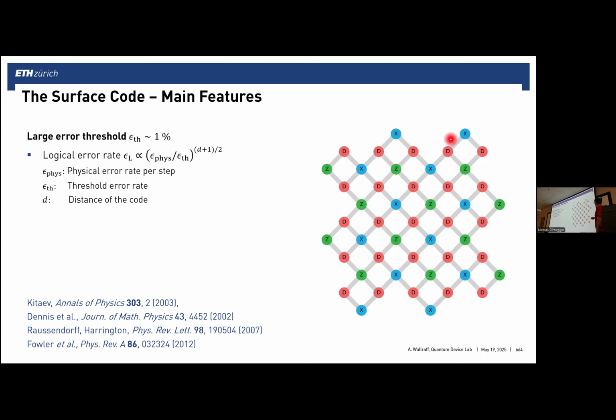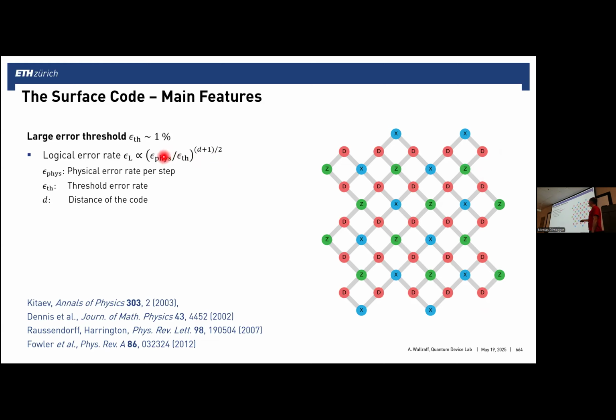A distance 5 surface code qubit has a square grid of 5 times 5 physical qubits. So the distance is 5. The total number of physical qubits in which the data is stored is 25. So in that case, the exponent here would be (5 plus 1)/2, which is 3.